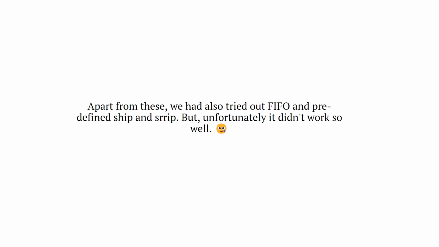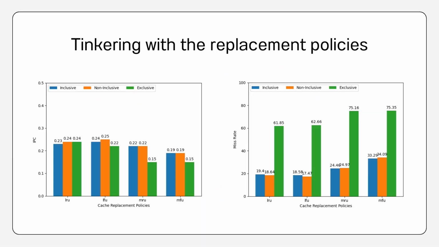And apart from these cache replacement policies, we have also tried out FIFO and some of the predefined cache replacement policies which were present in the ChampSim code, such as SHIP and SRRIP. But unfortunately, it did not work for us. They were giving lower results than what we were getting for the other four cache replacement policies. So then we started tinkering with the replacement policies which we decided upon.